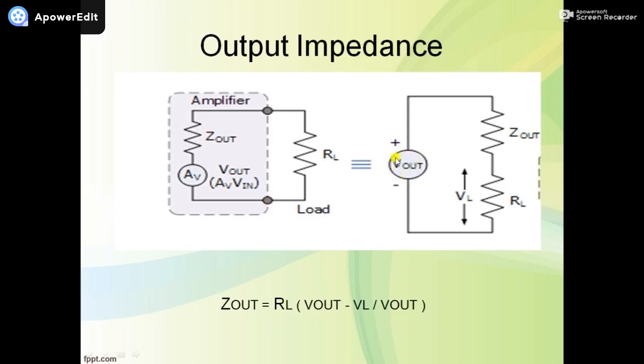This is before RL, before the load resistor, and this is VL exactly across the RL. So Zout is equal to RL into (V0 minus VL) divided by VL. This is the theoretical calculation for the Zout. And by using these 2 connection points, you can measure the practical output impedance from the multimeter.